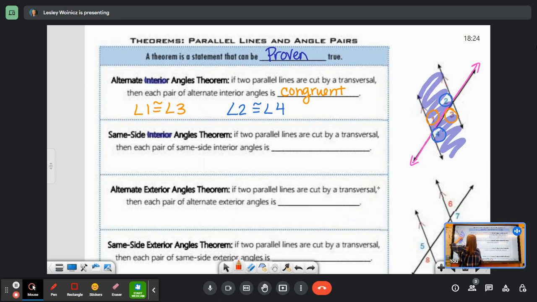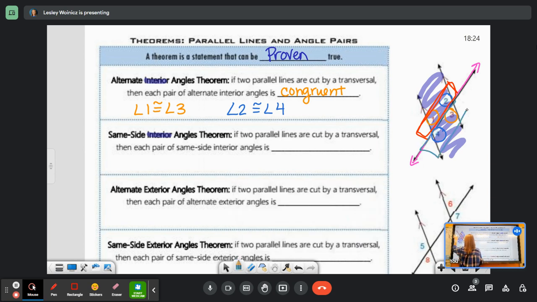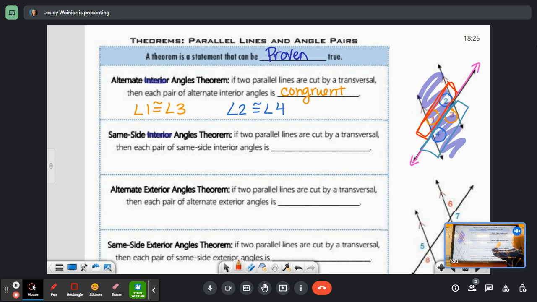Okay, so same sides would be 1 and 2, and 3 and 4. Those are same sides. Sorry about that, guys. Hopefully you didn't do that in pen. Okay, so what we know about same side interior angles is that each pair of same side interior angles is supplementary.